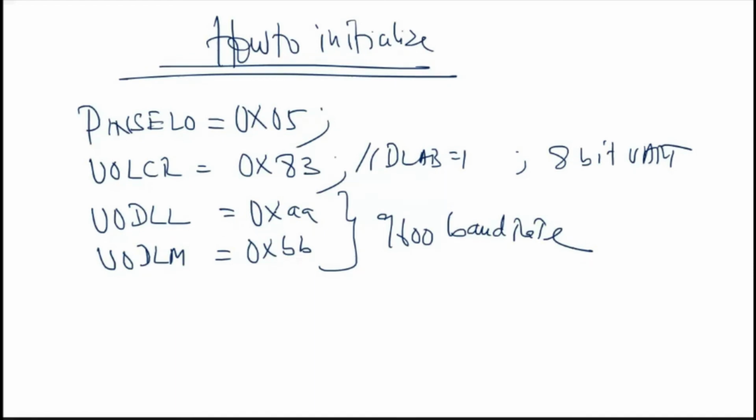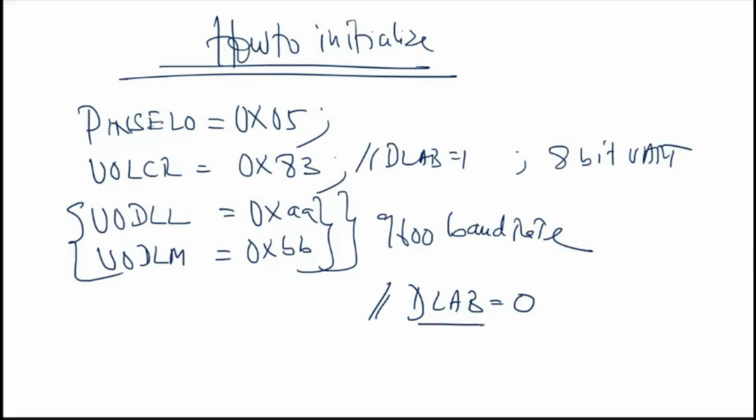Once you set this value, the most important thing is you have to clear the DLAB bit to 0. DLAB bit is needed only for writing the values for the devices. Once you are done with the values, you have to clear the DLAB bit as 0. Why?